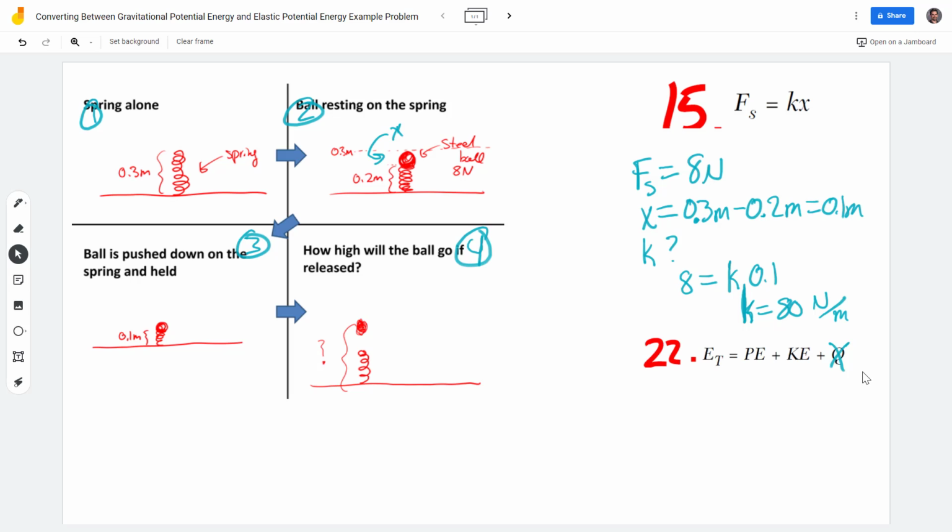So we're going to look at two points. If we were to look at this ball, I'm trying to think of how to draw this exactly. I'm going to redraw this. So point 1 will be the ball on the spring when it's compressed.